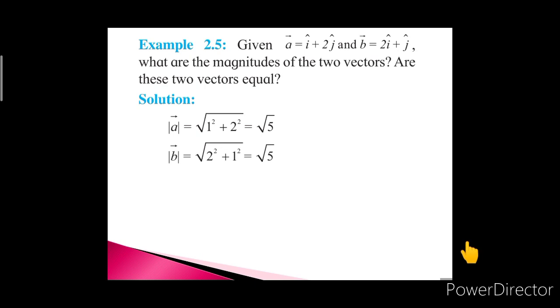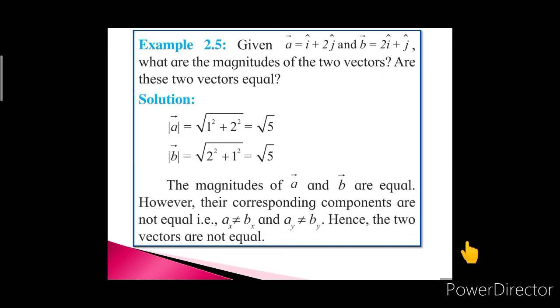After determining the magnitudes of the two vectors as root 5 for each vector, we have to find out whether these two vectors are equal or not. We determined that the magnitudes of vector A and vector B are equal, but the components along the x-axis and y-axis are different.